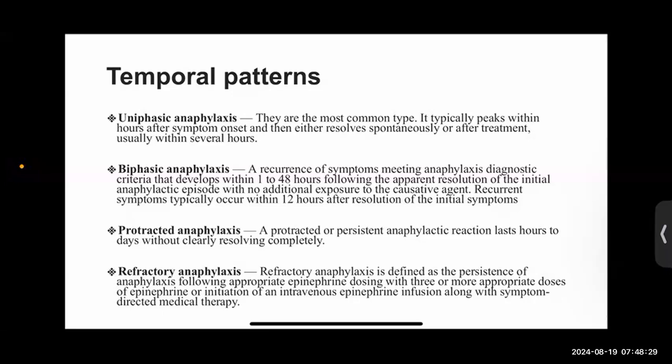But in a low-resource setting like ours, because the EpiPen is really expensive and not readily available, what we're taught to do is use our regular IV adrenaline, 1 in 1,000. Usually there's 1 ml in the vial, like you said. So you get 2 ml syringes and withdraw 0.5 ml.